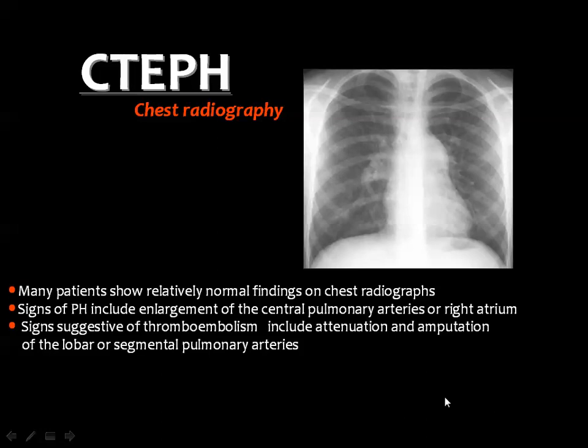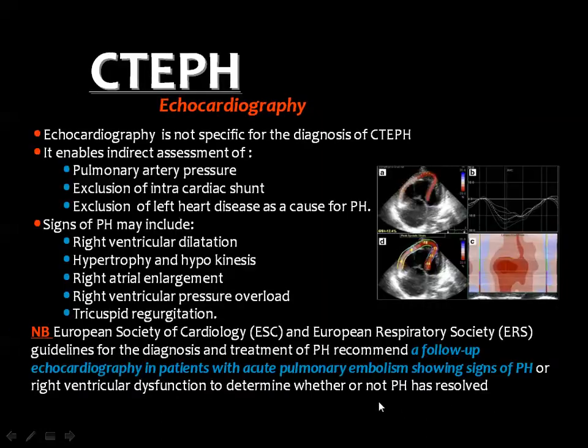Then echocardiography is not specific for the diagnosis of CTEPH, but it helps to assess the pulmonary artery pressure, excludes an intracardiac shunt, and excludes left heart disease as a cause of pulmonary arterial hypertension.